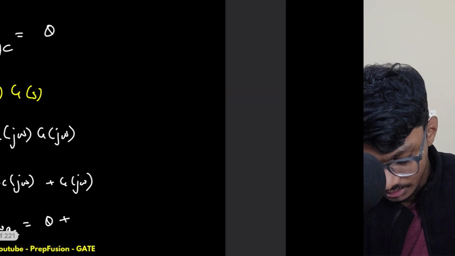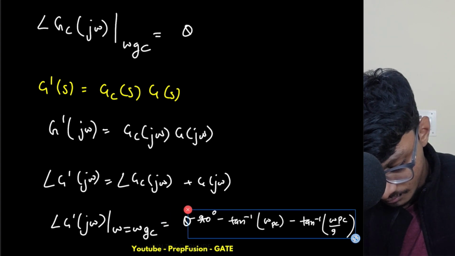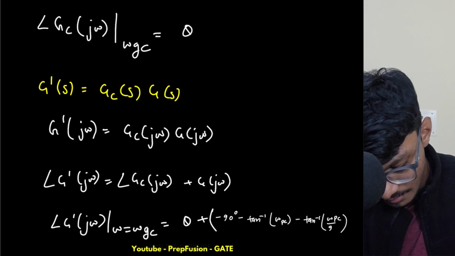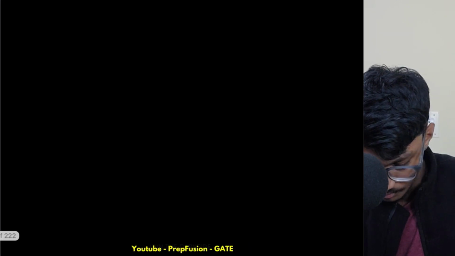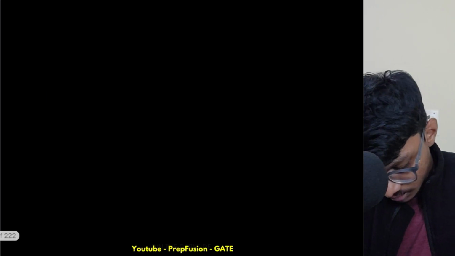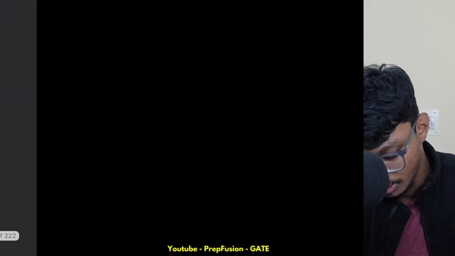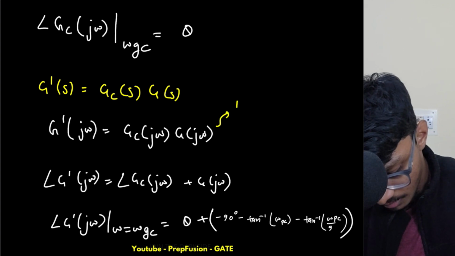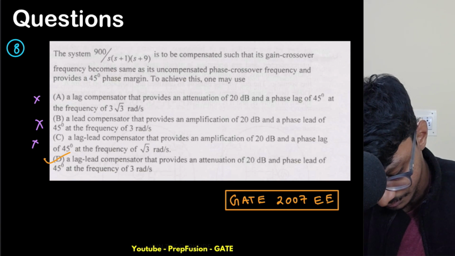Let me still write it for better understanding. What they have told us is that the phase margin is plus 45, right?